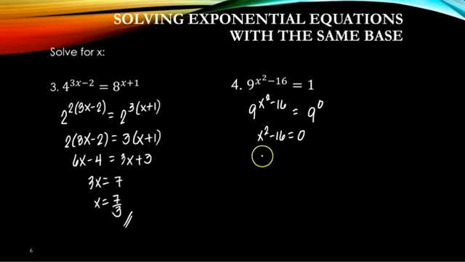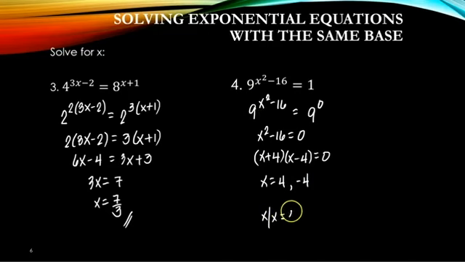And then let's try factoring this out. That's x plus 4 times x minus 4 is equal to 0. So your x is either 4 or negative 4. And both can be answers. So for your solution set, both are answers, 4 and negative 4.